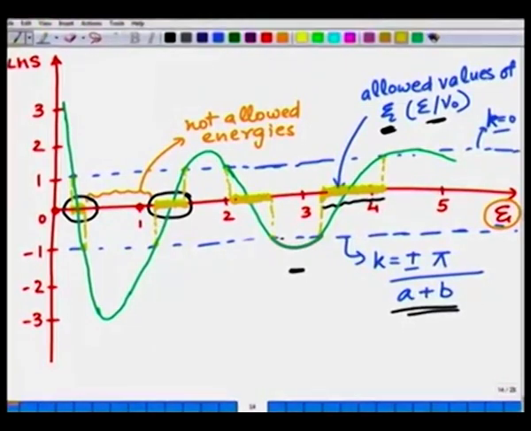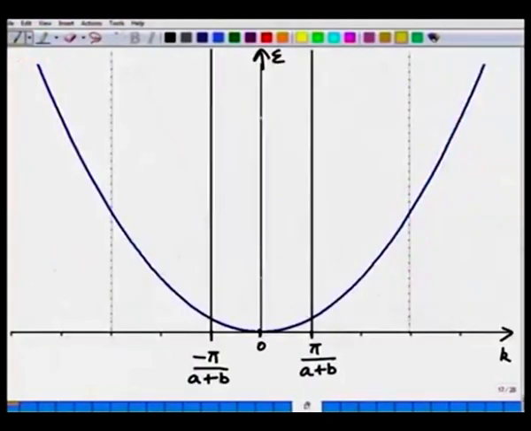So, I am using this idea to show that something happens near the band edge, and we are going to show this by curving this like this, in this form. And what else happens?